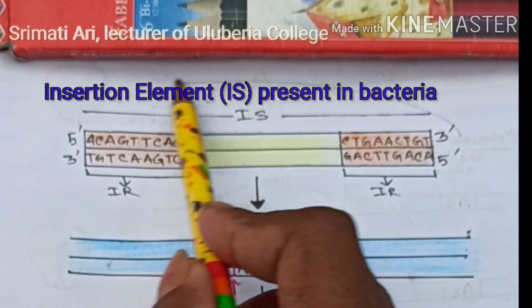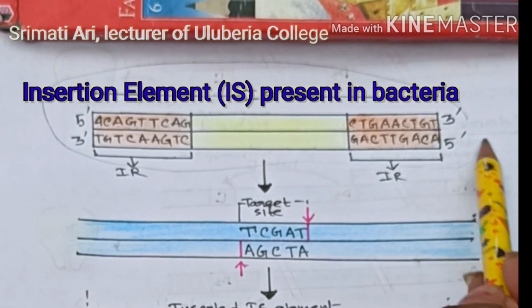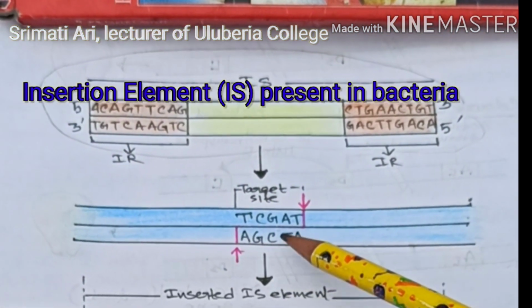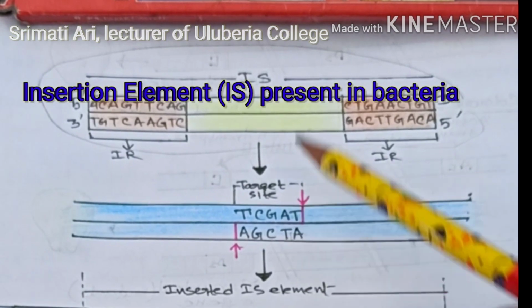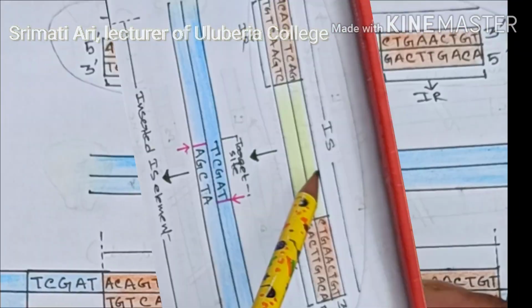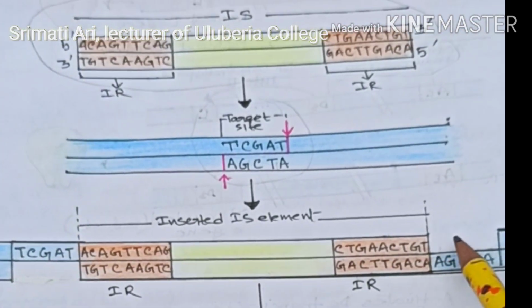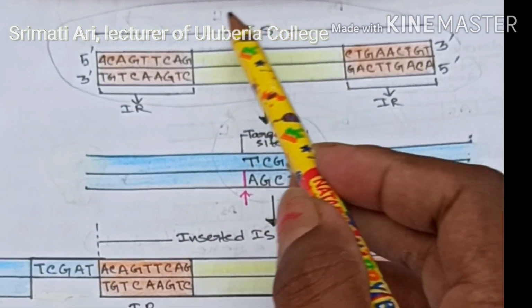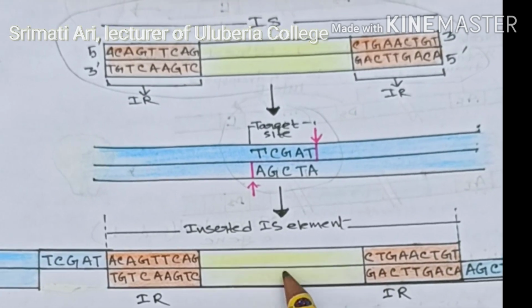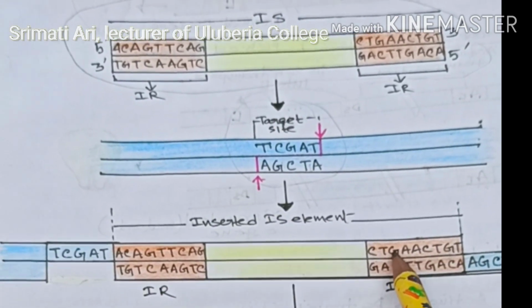We can see an IS element. IS means insertion sequence. And this is the target site on which the IS element can be incorporated. First it is cut in a staggered way, and then the IS sequence can be incorporated into that sequence.